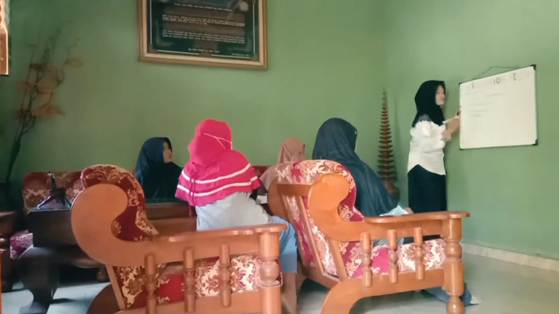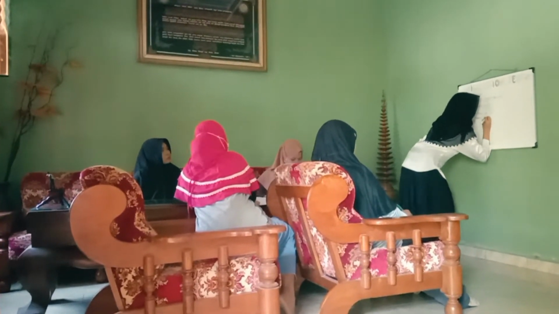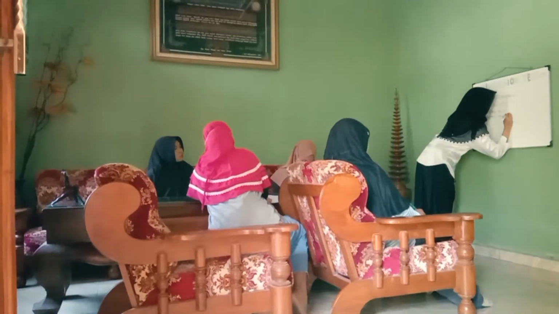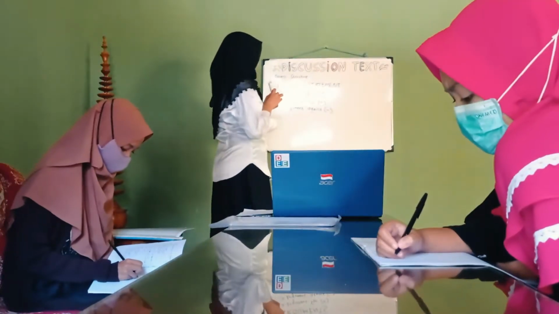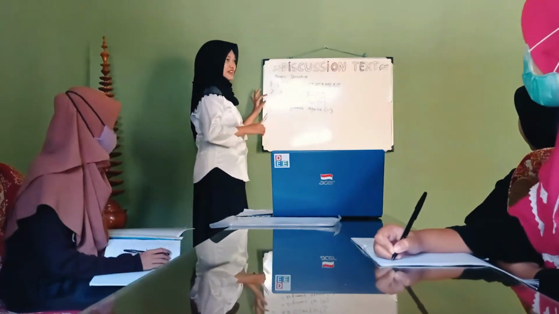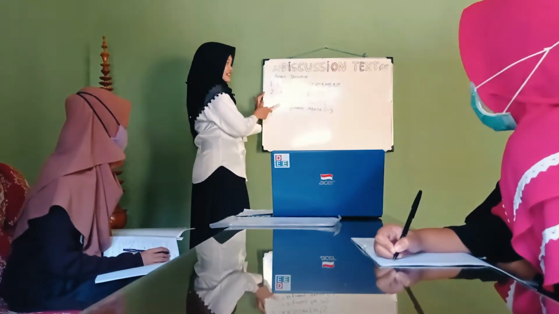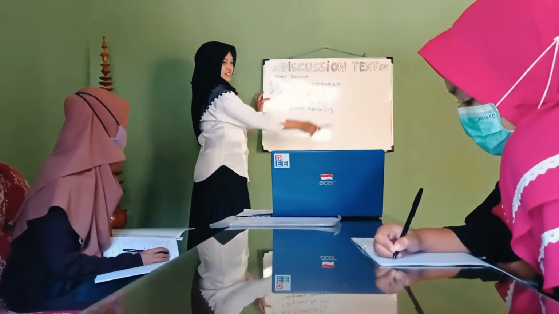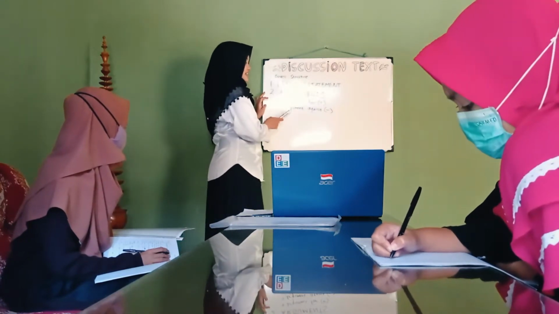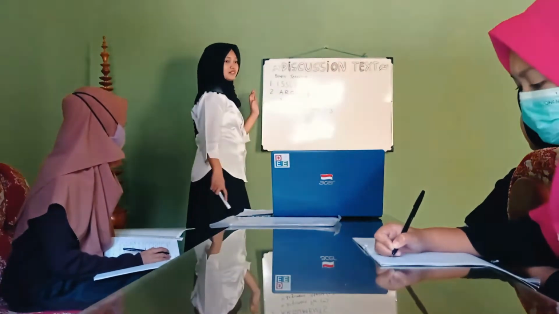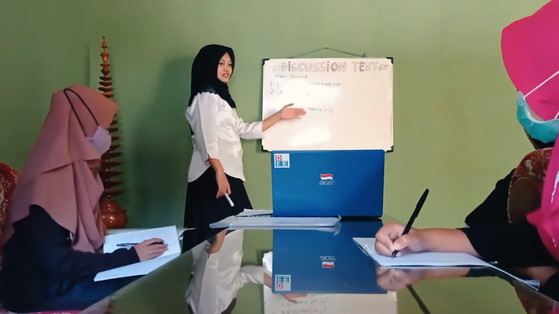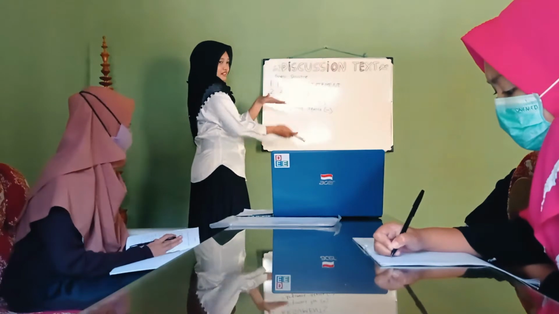And the next is arguments against or contrasting points. Jadi bedanya apa? Argumen for itu argumen yang mendukung dari sebuah isu tadi. Terus yang kedua ini, argumen against ini adalah argumen yang menolak isu tadi. Jadi mereka berdua ini bertentangan.